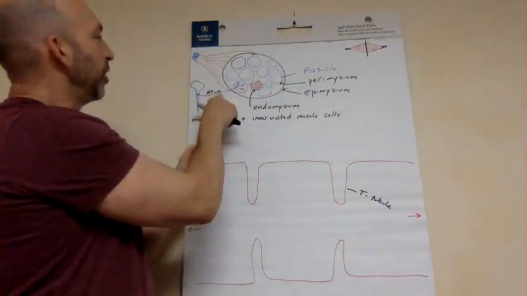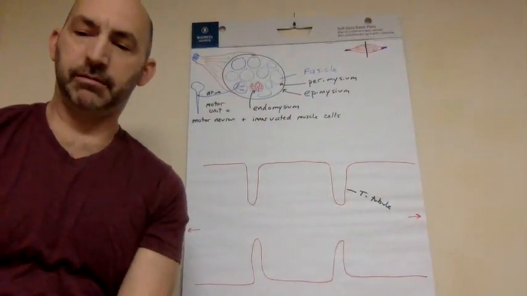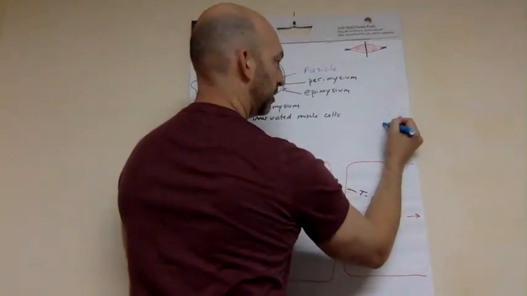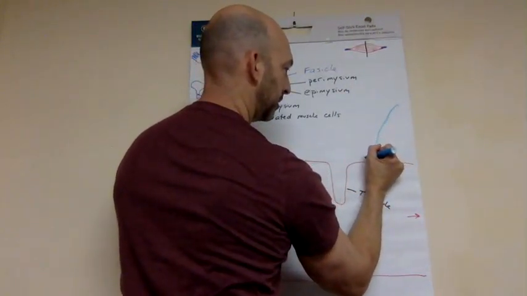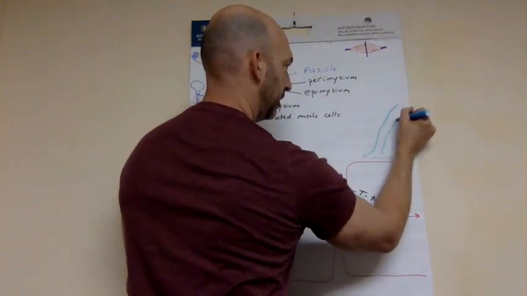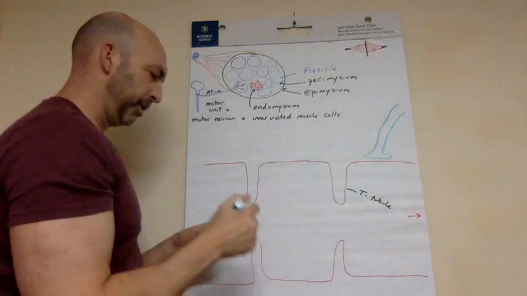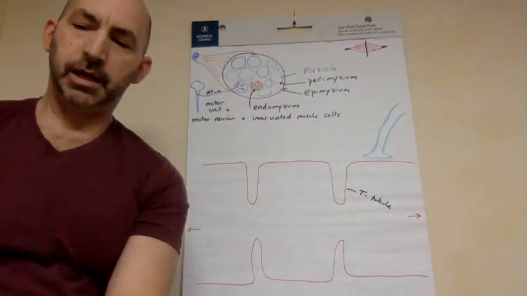Now, we had our motor neuron innervating it, so we have to make sure we have a synapse there. Add that. Right, so here comes our motor neuron axon and the synaptic bulb.